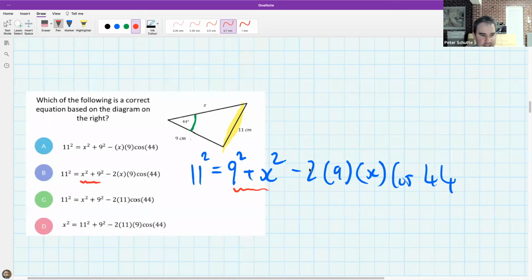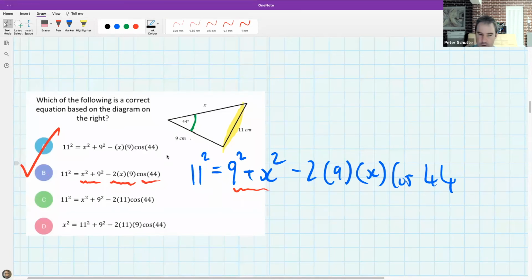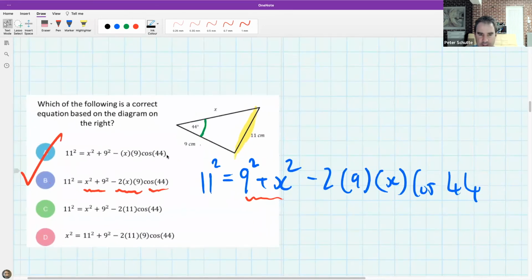Minus 2, 9x, that's all good. Cos 44, yes. So the correct option is B. Okay. So a really important thing is just to get oriented with the cos rule when you write it a different way around. Give a thumbs up if you feel okay about this one now. Give a thumbs down if you still feel lost. I think if you look at it for a bit, it does get clearer.